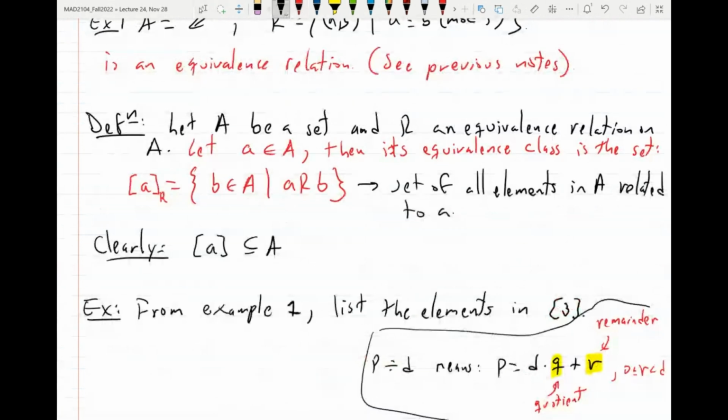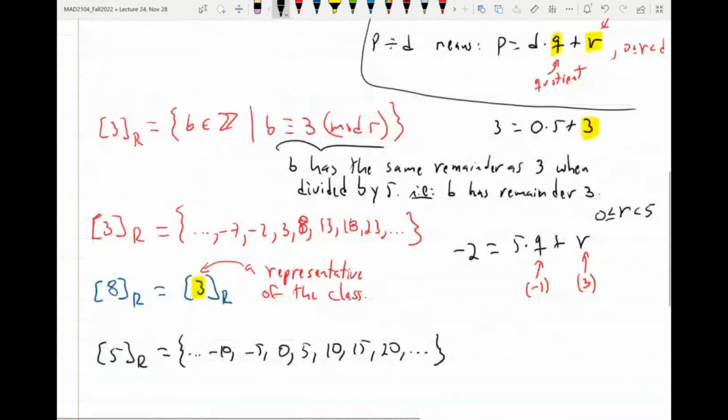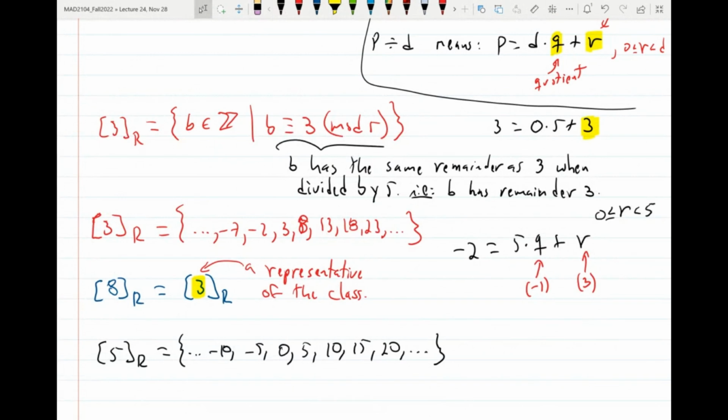So in the definition, we say A is called a representative of the class. Okay, so then the question is, how many equivalence classes are we going to have?